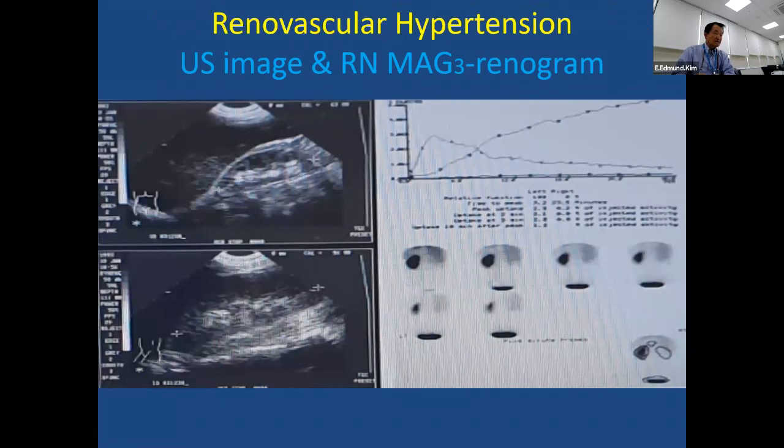Okay, ultrasound may show some shrunken renal parenchymal tissue, but the nuclear medicine study basically shows abnormal GFR function after captopril.